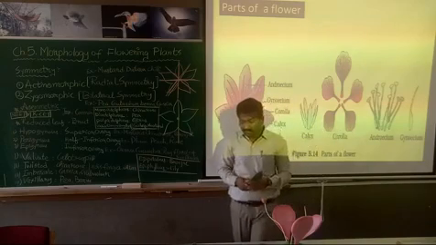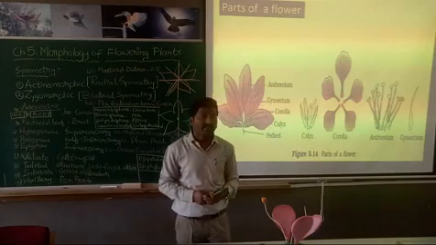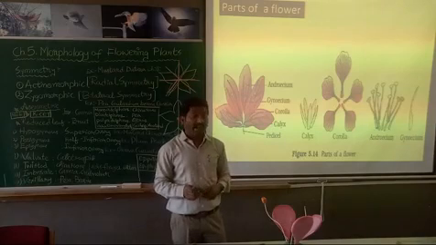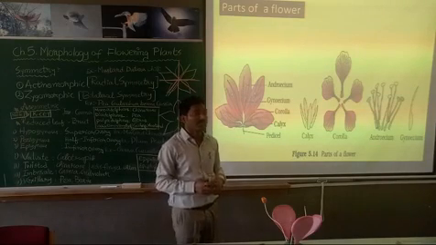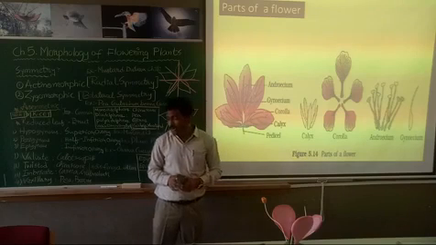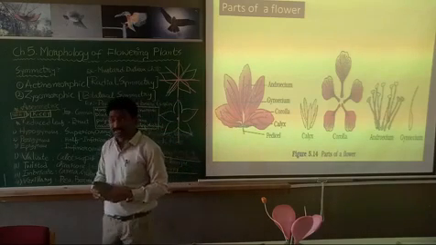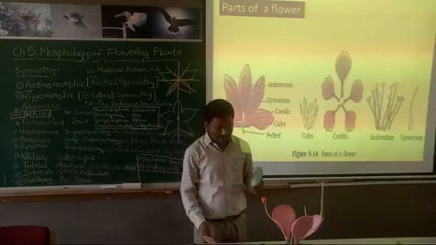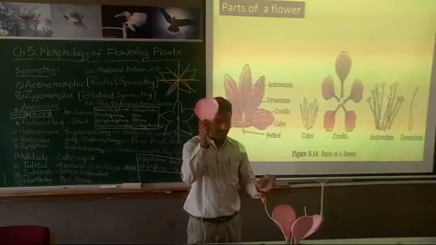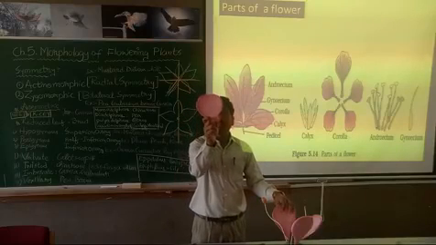The corolla consists of different kinds of petals. These petals are bright in color and emit different fragrances for the process of pollination. One more important point regarding the corolla: as I am showing you now, this is one petal, right? This petal is free.